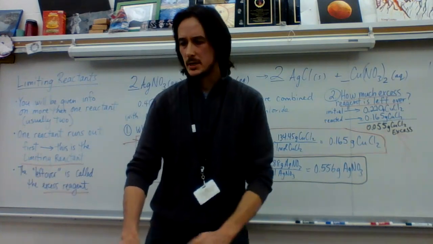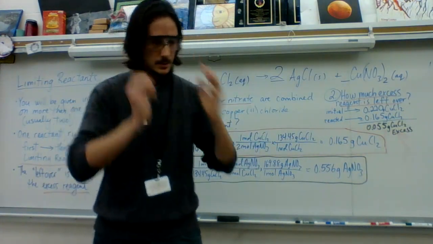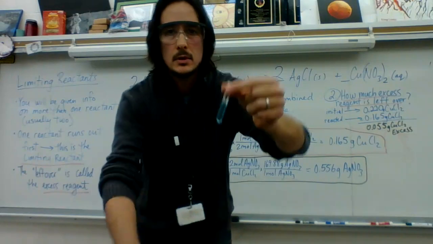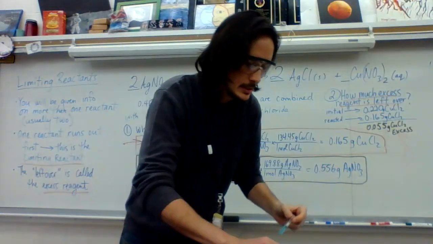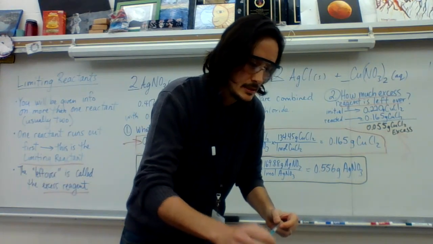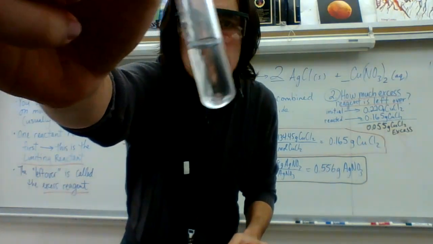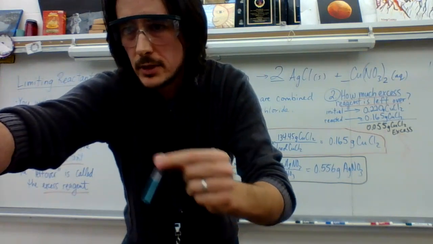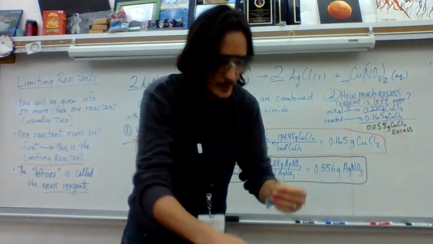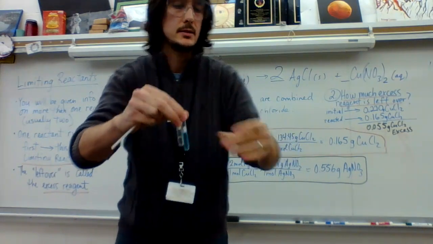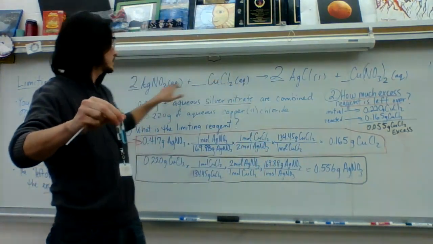And I have something here just to show you what it looks like. Copper 2 chloride looks like that. It's blue. And silver nitrate looks like that. Silver nitrate, copper 2 chloride. So we got these. And if we combine them, taking a look at the reaction, we see aqueous and we see aqueous.